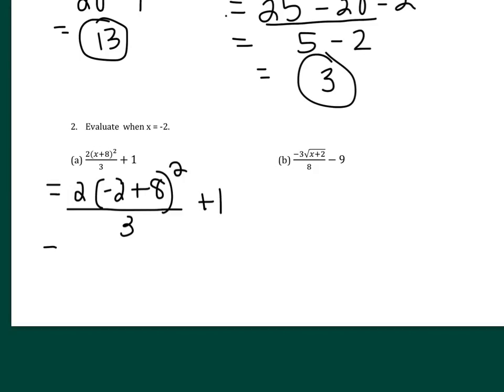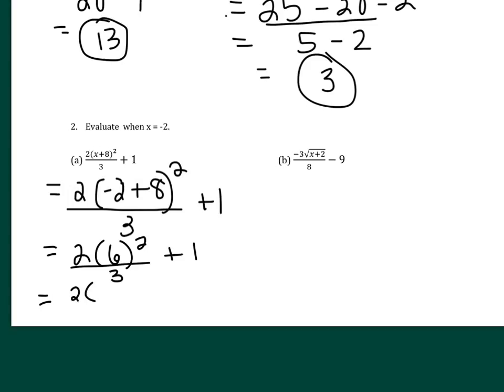Well, parentheses first, negative 2 plus 8 is the same as 8 minus 2. So in parentheses you now have 6 squared, all divided by 3 plus 1. Well, 6 squared is 36.